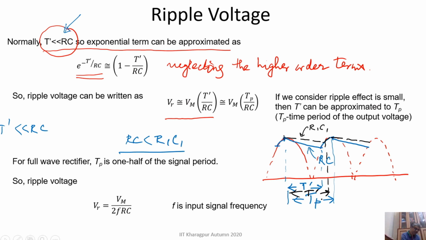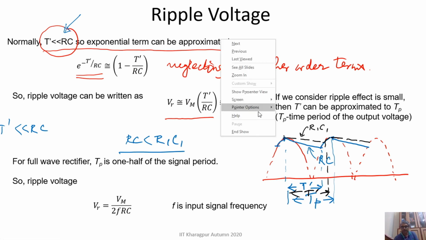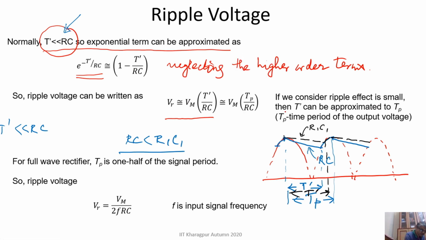So it is basically moving towards TP. If you increase your RC time constant, it moves towards TP. In other words, in case of a large RC time constant, we can approximate that T dash is nearly equal to TP. So we have replaced T dash equal to TP in the expression.